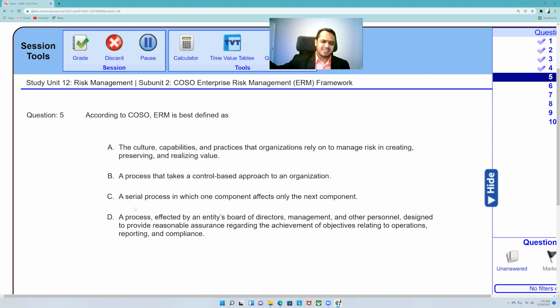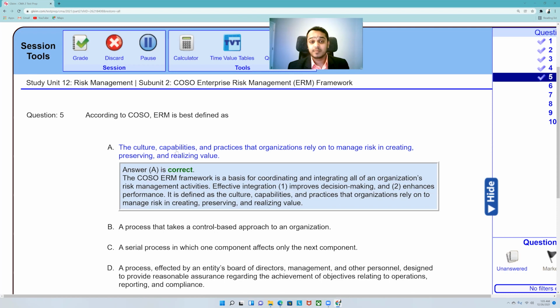Something is missing in this particular option. I don't think so. They are talking about operations, reporting, compliance. As for what I think, we should go with A. B and C are out of the picture here. Let's see. Yep, it is. You guys can pause and read this if you want. Till now, I hope that you guys have got good marks.